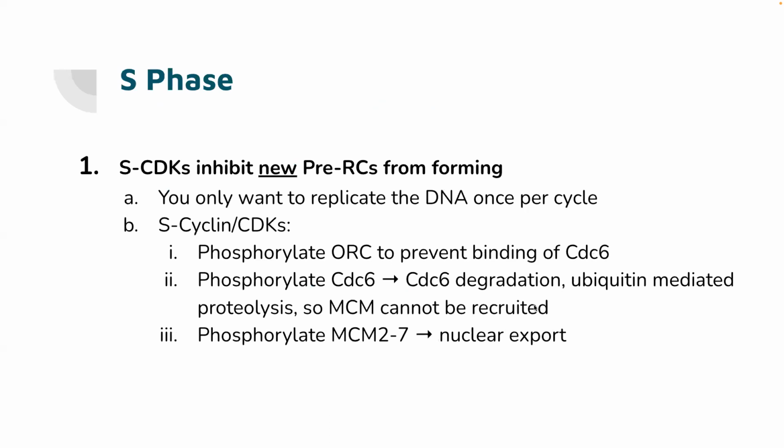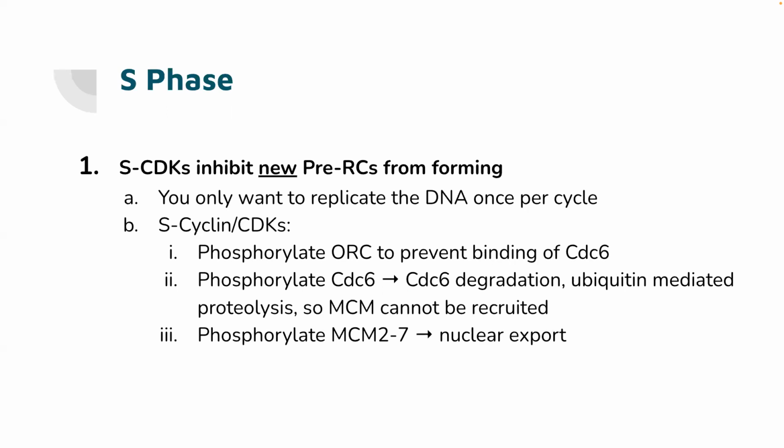So further into S phase, CDKs inhibit new pre-RCs from forming. You only want to replicate the DNA once per cycle. If you do it more than once, it's bad for the cell. So S-cyclin CDK complexes phosphorylate ORC to prevent binding of CDC6. They phosphorylate CDC6, which leads to the degradation of CDC6, which occurs through ubiquitin-mediated proteolysis.